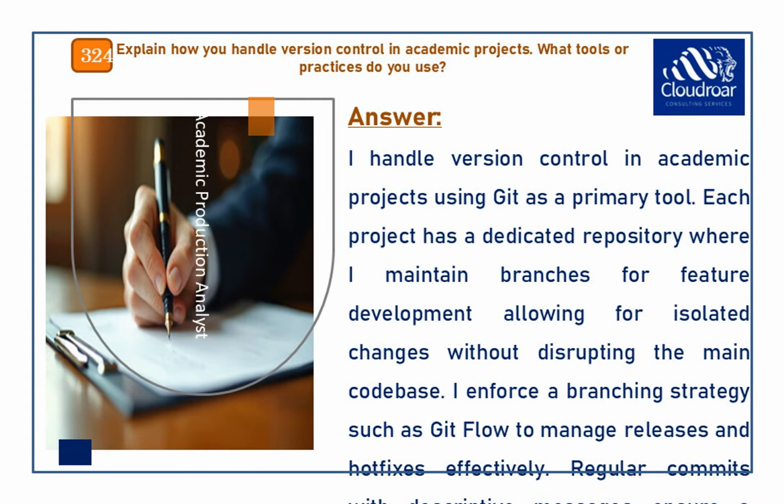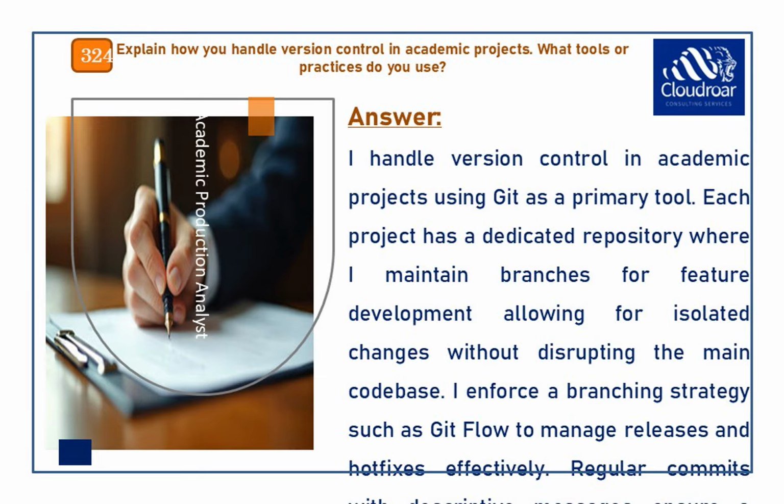Question 324. Explain how you handle version control in academic projects. What tools or practices do you use? I handle version control in academic projects using Git as a primary tool. Each project has a dedicated repository where I maintain branches for feature development, allowing for isolated changes without disrupting the main codebase.